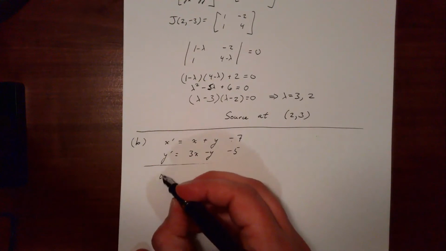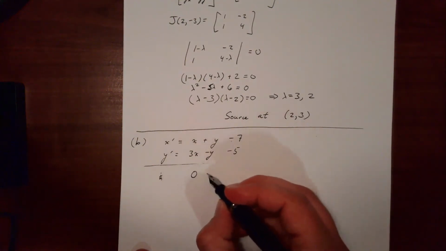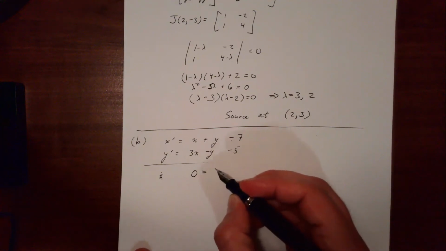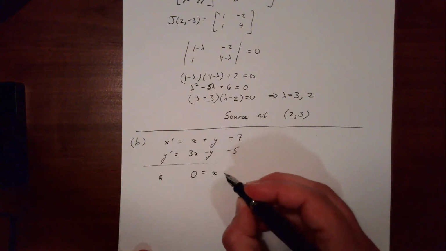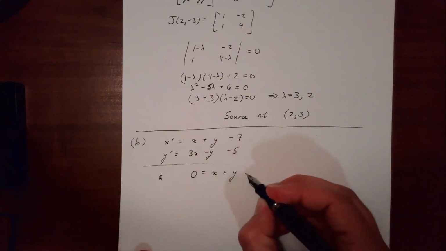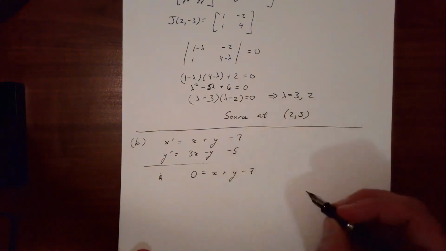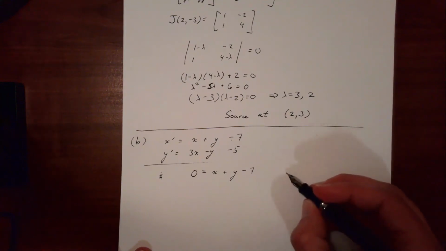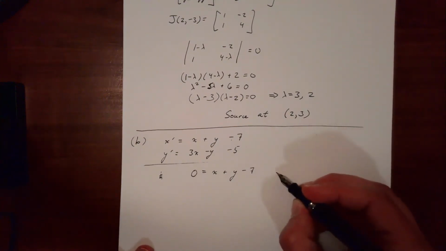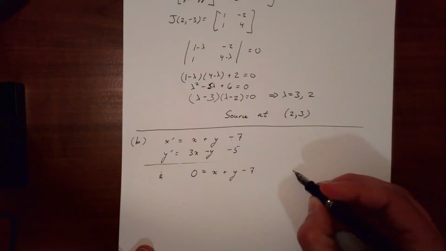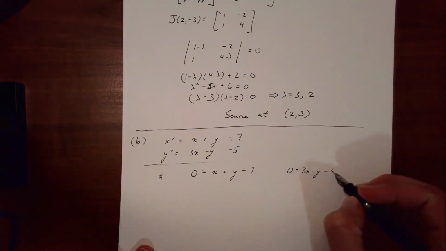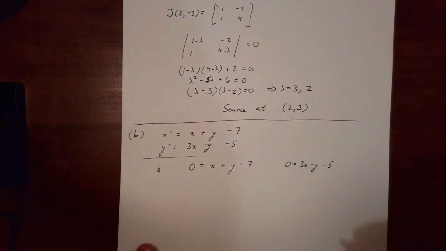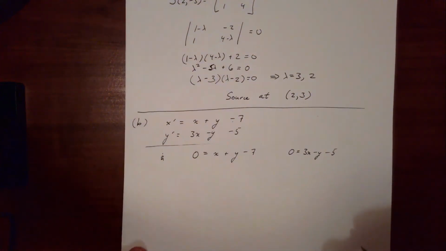So step 1, and actually, better yet, let's not even worry about setting up step 1, step 2, step 3, because I'm not going to remember to do it consistently, so why set myself up for that by making it look like that's what I'm going to do. Okay, so 0 equals x plus y minus 7, and 0 equals 3x minus y minus 5. So those would be our two equations here.